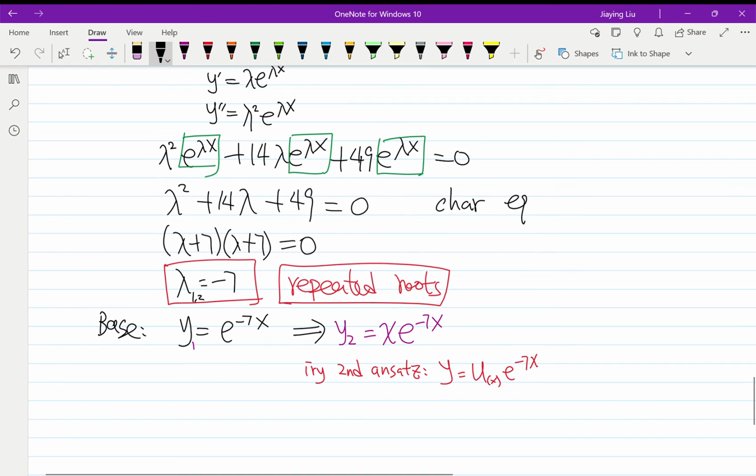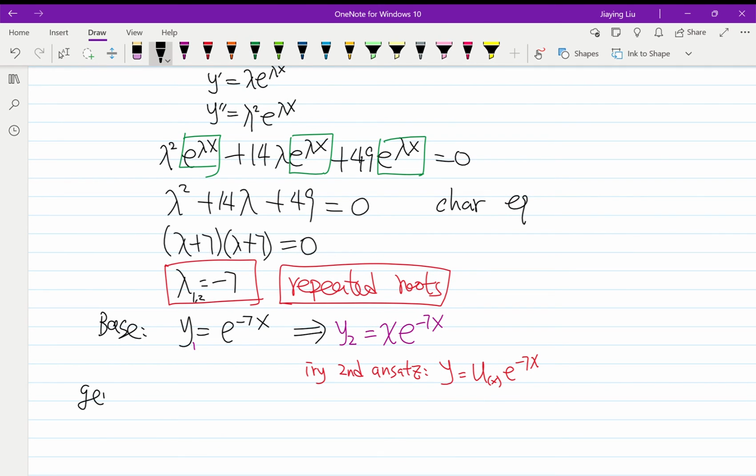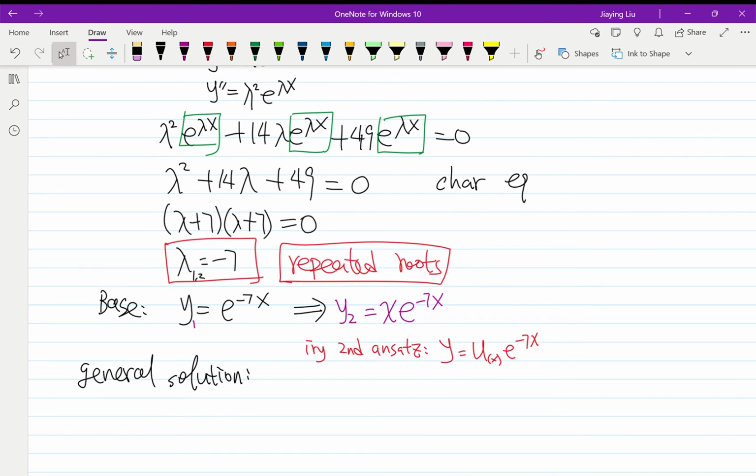So from here we can write down the general solution, which is going to be y equals the first base solution times c1, so c1 e to the negative 7x, plus the second one, so c2 x e to the negative 7x.